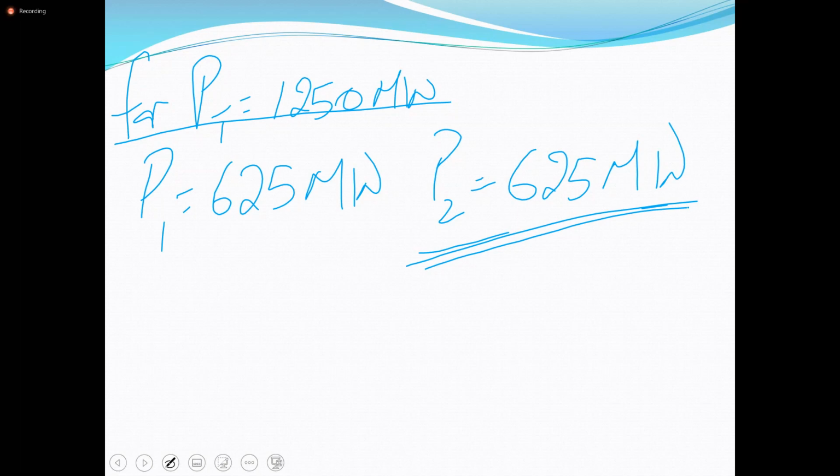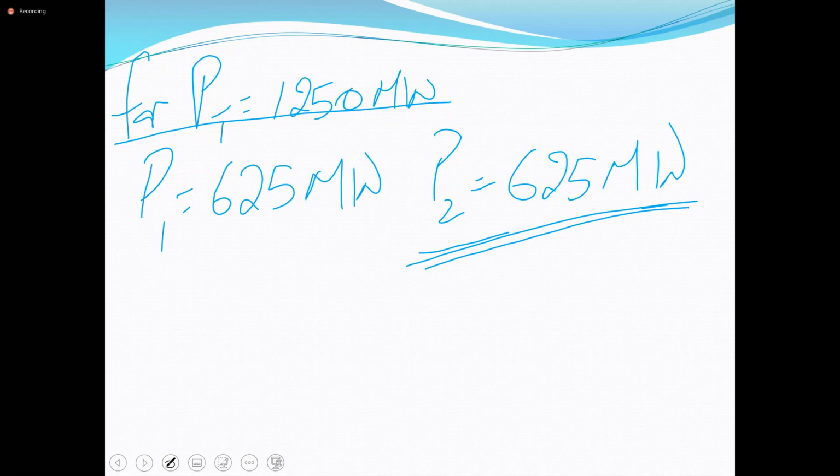So which unit was the additional megawatt being taken from? P2. No. Think carefully. If unit 2 reached its maximum before unit 1, it must be unit 1, because unit 2 is already at its maximum, while there was capacity on unit 1. You with me?